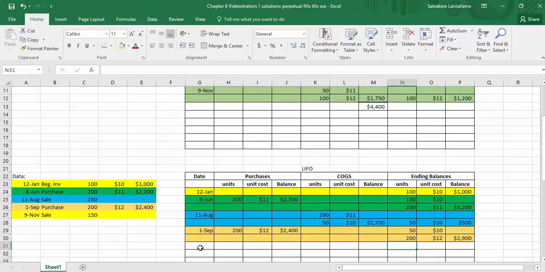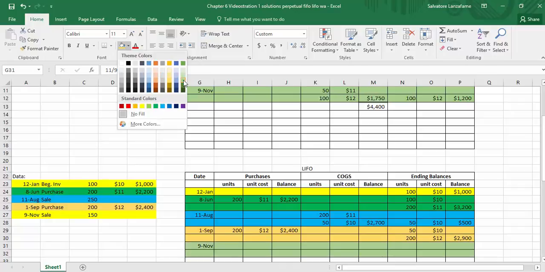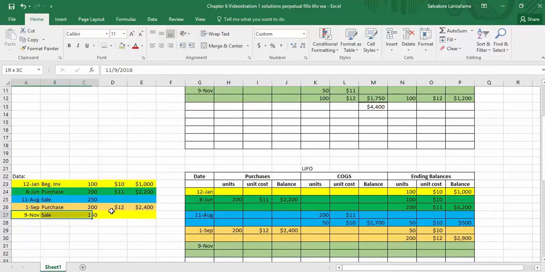So now we're going to sell. It's now November 9th. Let me color code this one, and we'll use this color green. Okay, so on November 9th, we sold 150.